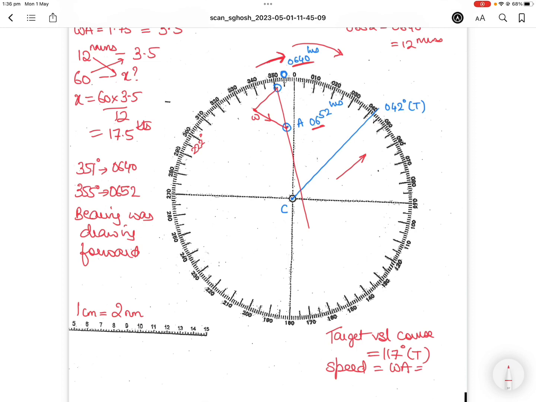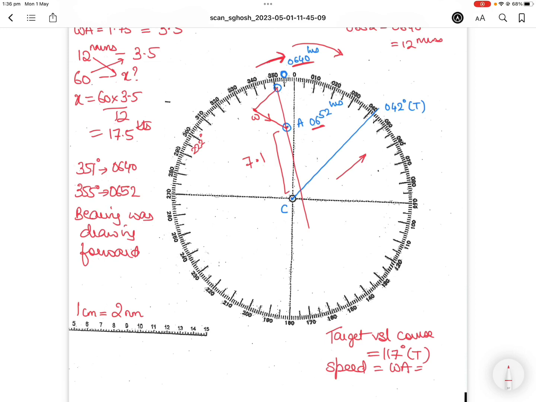If the bearing was the reverse, if it was opening up from 355 to 351, then we would have said that the bearing is drawing aft, but in this case the bearing is drawing forward. All right, the range of the vessel you can measure out is from A to C. In this case it is 7.1. How I know this is, of course, because the first bearing was at 11 nautical miles and the second was at 7.1 nautical miles.